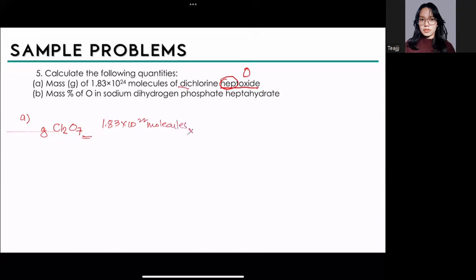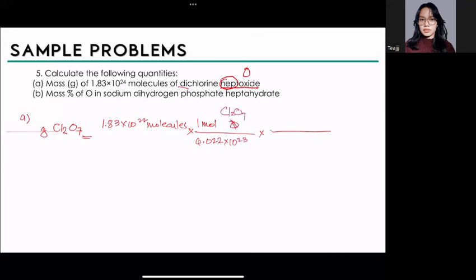Kailangan natin is grams, and to do that, we first have to convert the number of molecules into moles. And then after moles, we convert moles into grams. To convert molecules into the number of moles, we have to use Avogadro's number. Oops, mali. Ay, sakto pala yun.